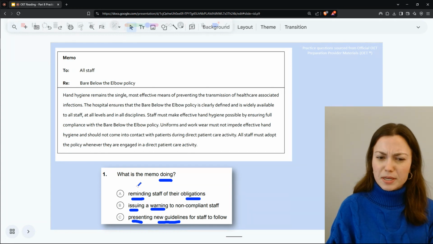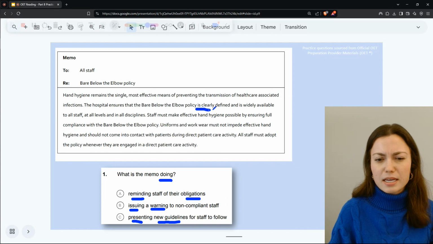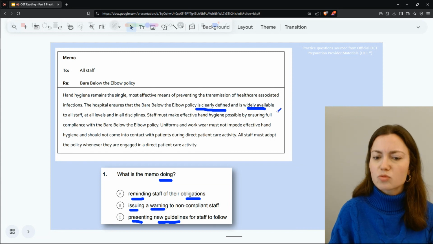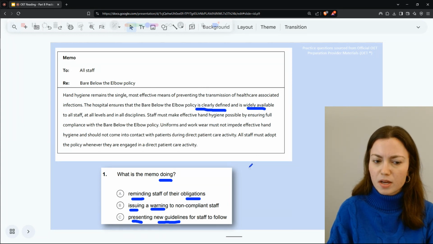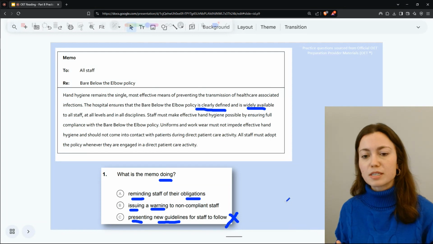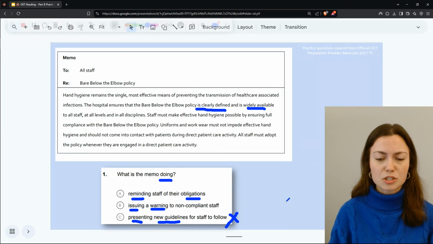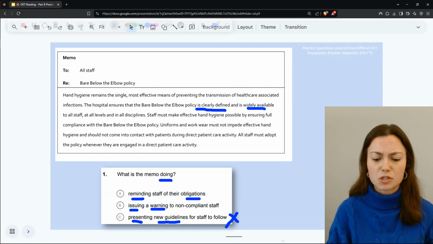Well, here's a piece of negative evidence. We see here that the policy is clearly defined and it is widely available. So C is therefore not correct, because it's not that they're introducing something new, everything is already established. So that's a piece of negative evidence to eliminate that.